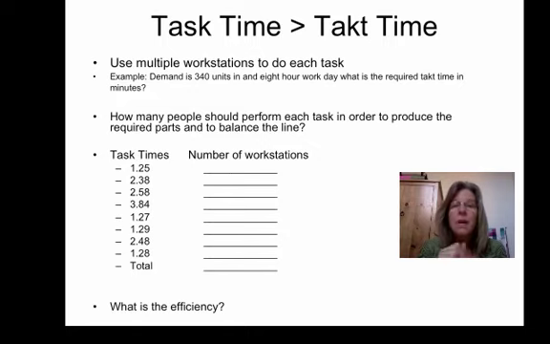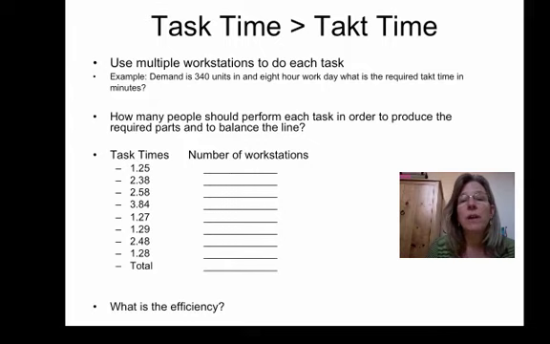If those are greater than the takt time, then what you end up doing is a calculation on the number of machines required to do the particular tasks. In this example, the demand is 320 units in an 8-hour workday, so we have to calculate the required takt time for that. And then we are also going to calculate how many people should perform each of the tasks in order to produce the required amount in the amount of time.